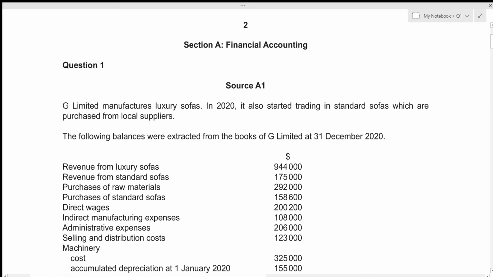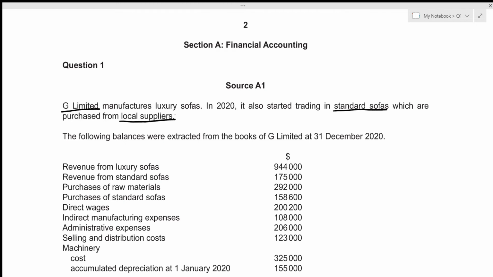G Limited manufactures luxury sofas. In 2020, it also started trading in standard sofas, which are purchased from local suppliers. So what we know is that G Limited is a manufacturing company which manufactures luxury sofas on their own, but recently it also started trading in standard sofas, but these sofas are not produced by them.